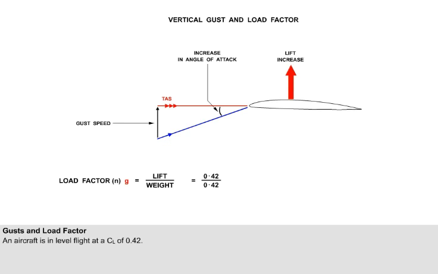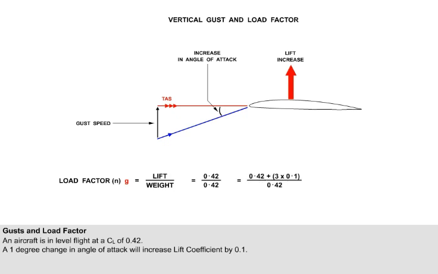An aircraft is in level flight at a lift coefficient of 0.42. As the lift coefficient is the only data provided, and in level flight the load factor is 1g, the calculation becomes 0.42 divided by 0.42.